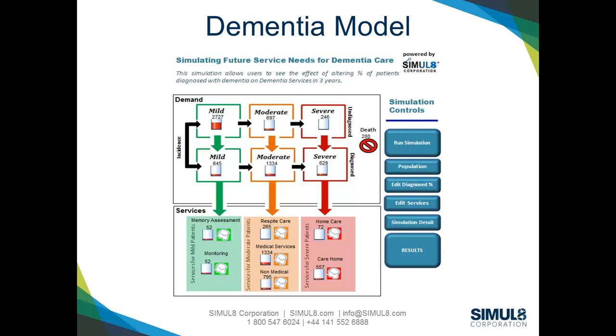And so if you were to project the same level of services for people with dementia without taking into account that progression, and if you could do something about that progression, you would change the pattern of services that people would need. Now, of course, the big issue here is, if I'm running a memory assessment clinic and everyone starts diagnosing more patients, that means I'm going to need a lot more capacity than I used to.